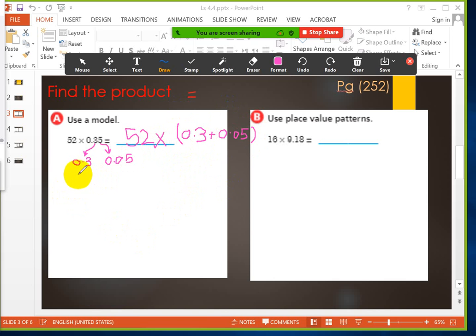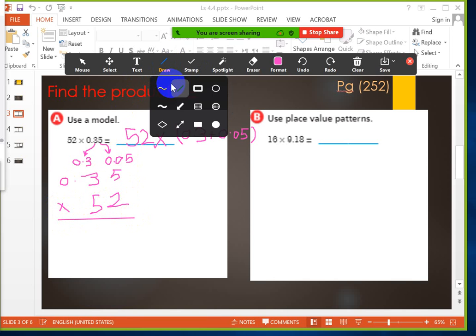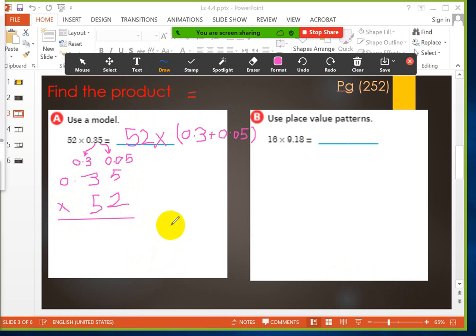Now I will multiply the 52 with each number. That means if I want to multiply this number 0.35 with 52 and find the multiplication, first I will multiply 52 with 0.3, the first value, and then I will multiply 52 with 0.05.